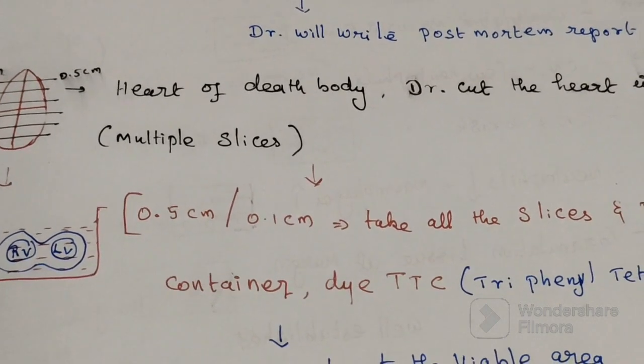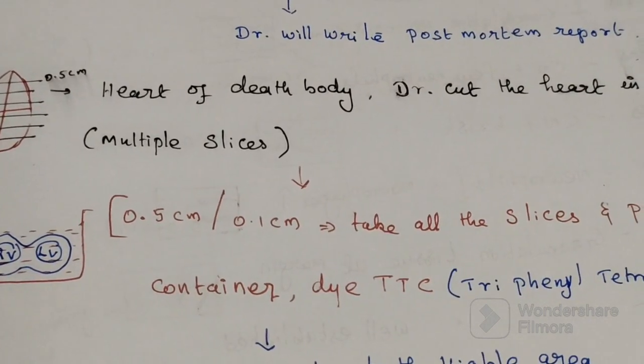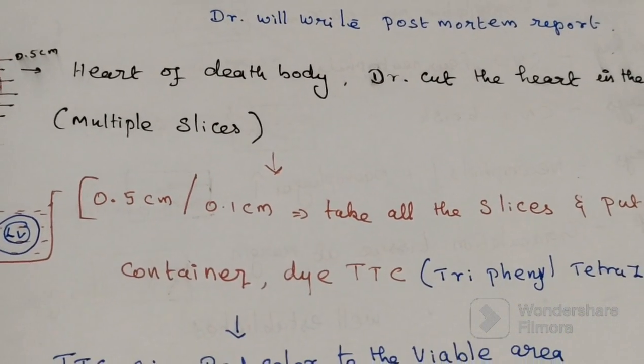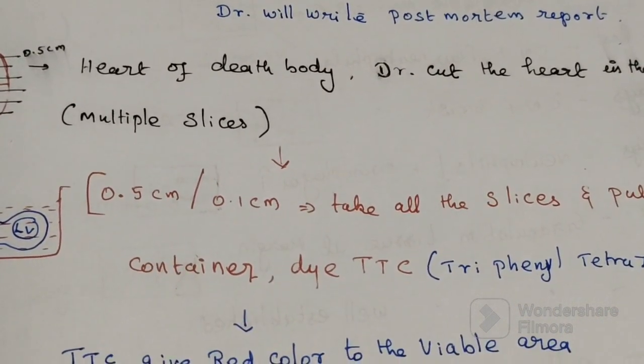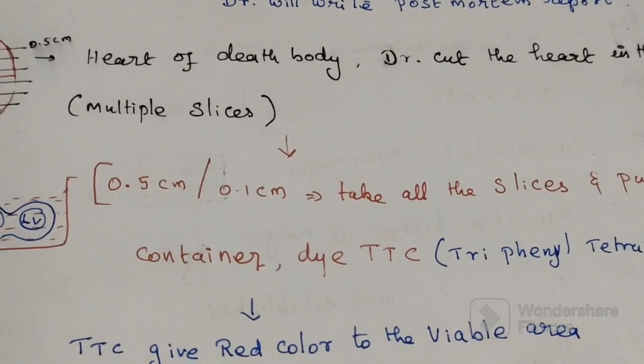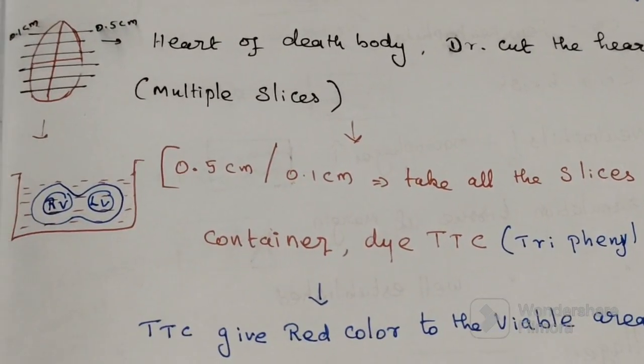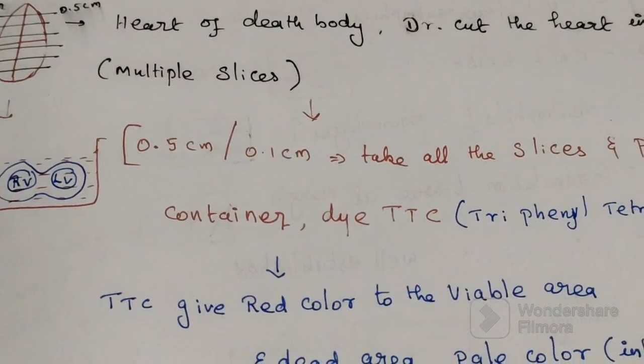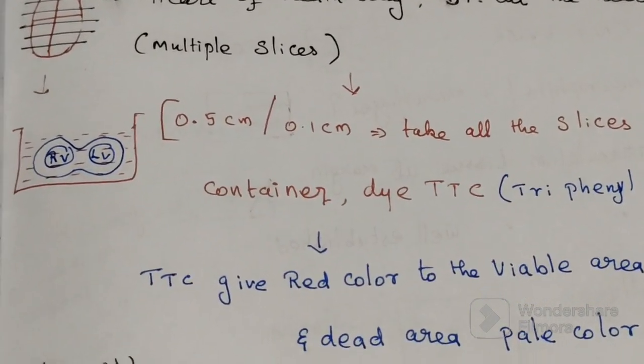Take all the slices in this container. Suppose this one is the container. Each slice has 2 lumens, left ventricle and right ventricle. So in the wall of the left ventricle in all slices, we look for infarct.